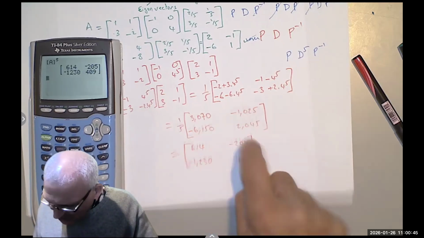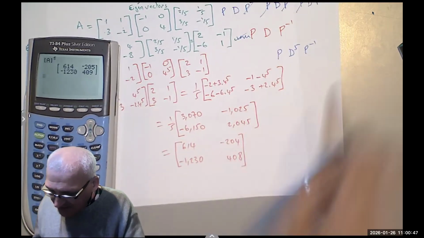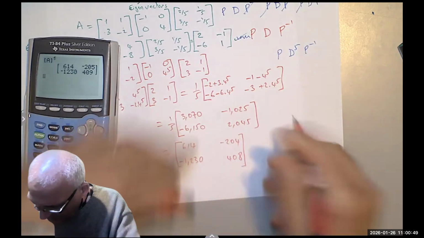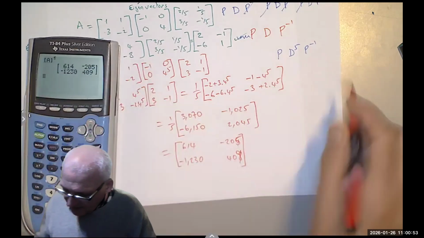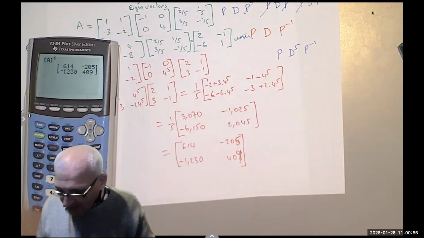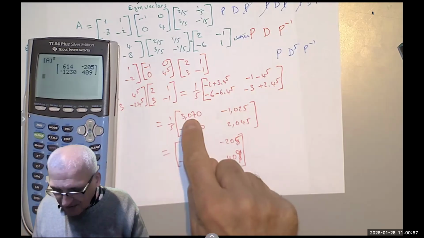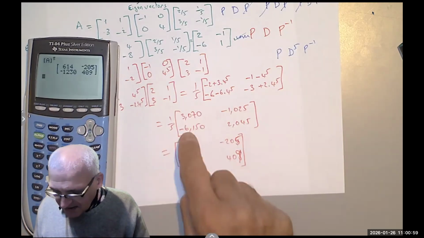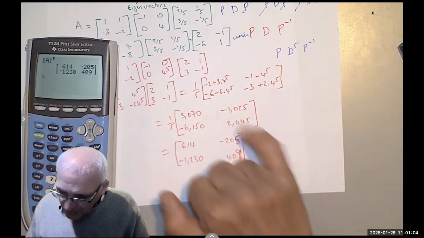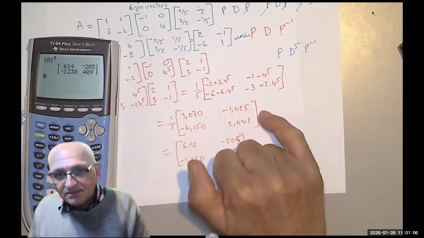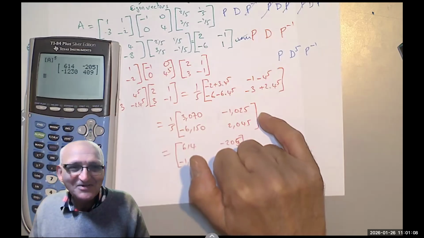614, -205. Why did I say that? Oh, because of course this is 205 and this is 409. I'm sorry, guys. They end up with 5 and I forget to add the 1. So 307 times 2 is 614. 615 times 2 is -1230. This is 102.5, right.